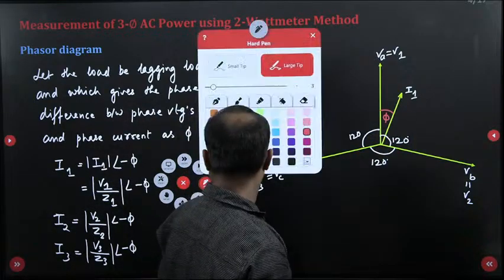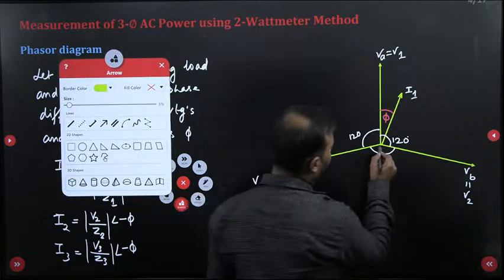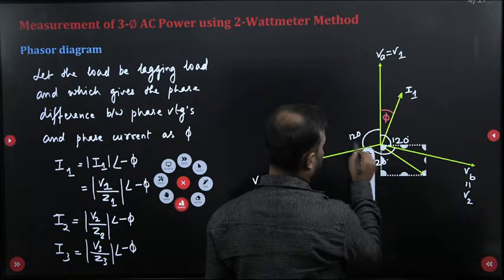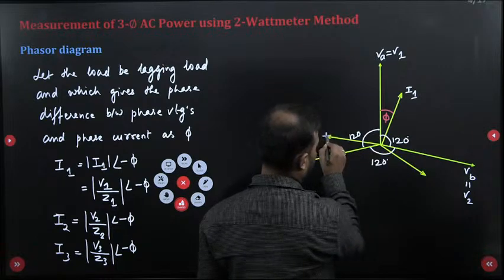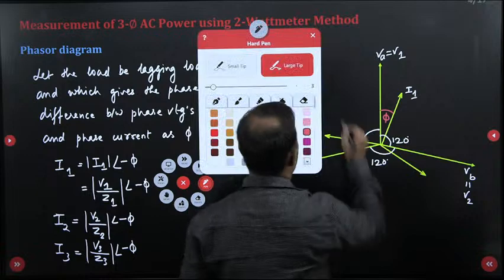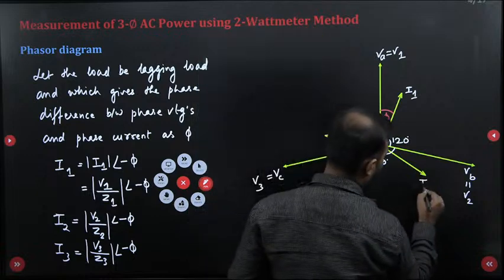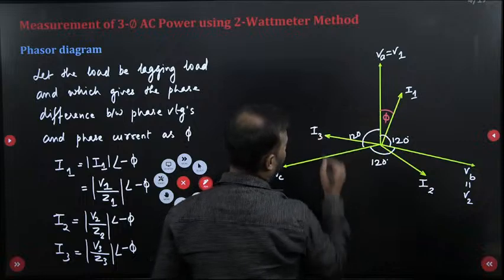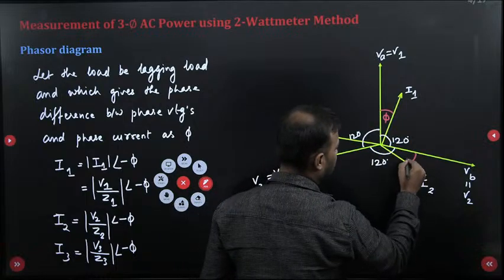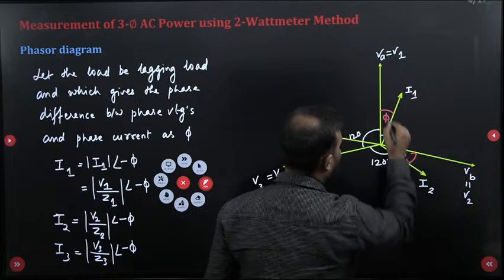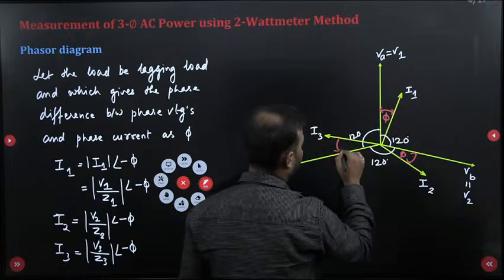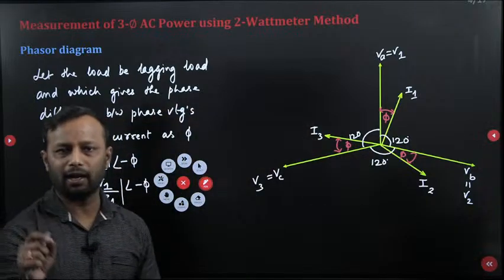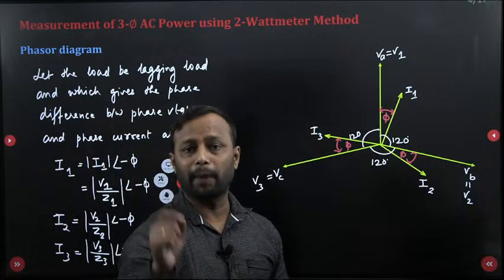Now in the same way, for the respective phases, the currents will lag. So this is your I2, this is your I3, and this phase is what? Phi. Similarly, this phase is what? Phi. As I told you, the respective phase current will lag the respective phase voltage.